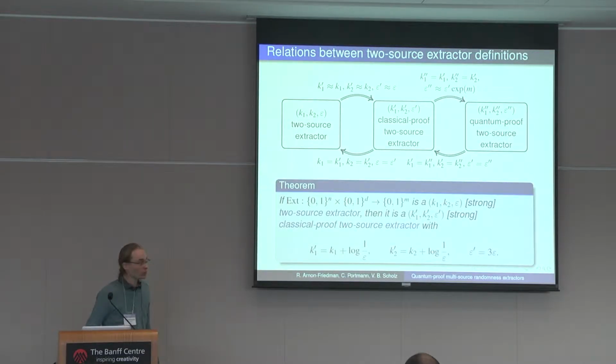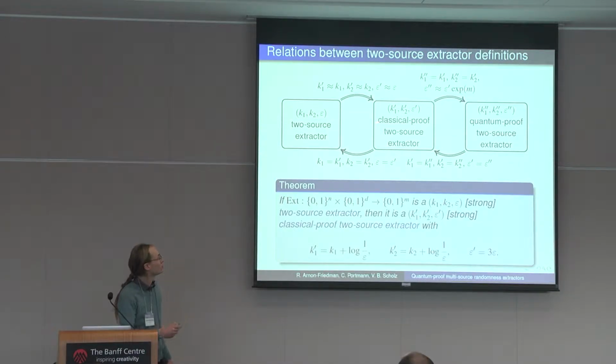So now, what are the relations between these extractors? Again, we trivially have that a quantum-proof two-source extractor will be a classical-proof two-source extractor, which will be a two-source extractor. And what we did is write proofs for the other direction. So the first one, we get exactly the same as for the case of seeded extractors.